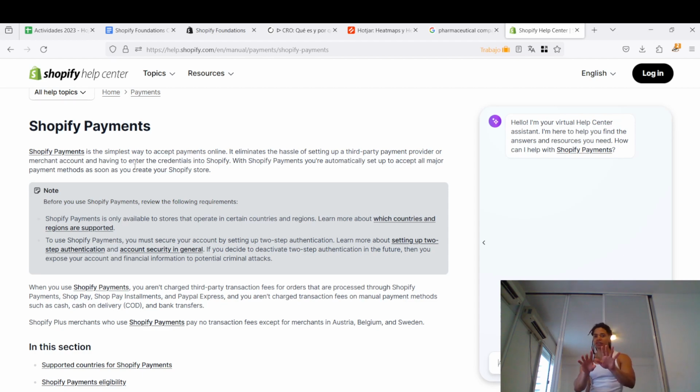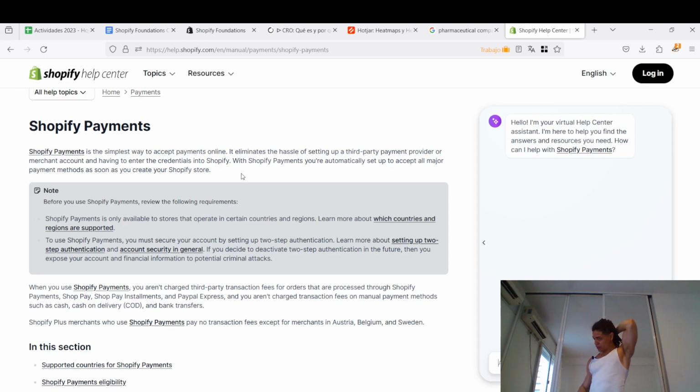Okay? So, for example, if you want to receive payment from other platforms or other payment methods, you must create an app for that. And that might be a very good business model, by creating Shopify payment integrations.